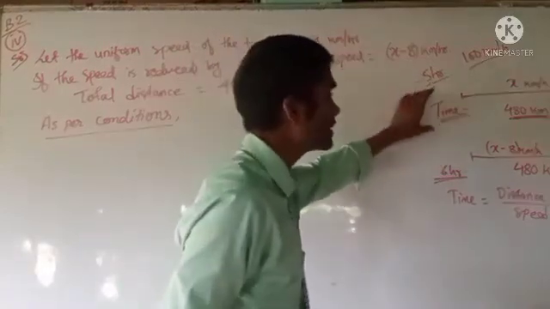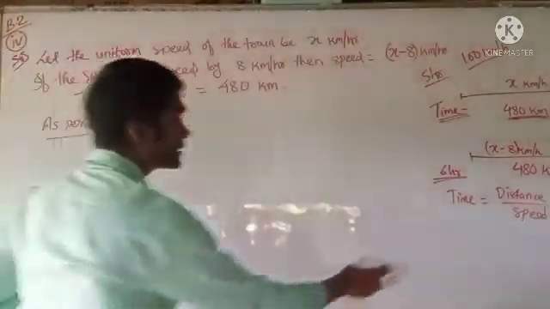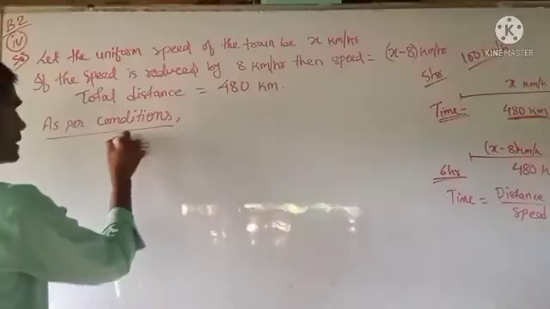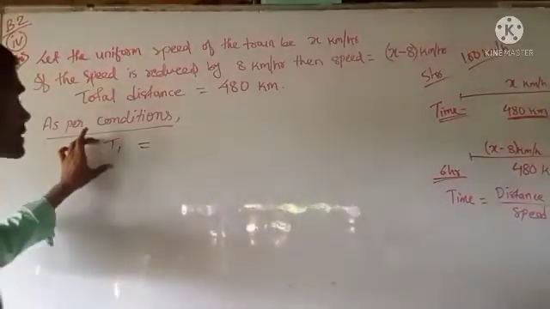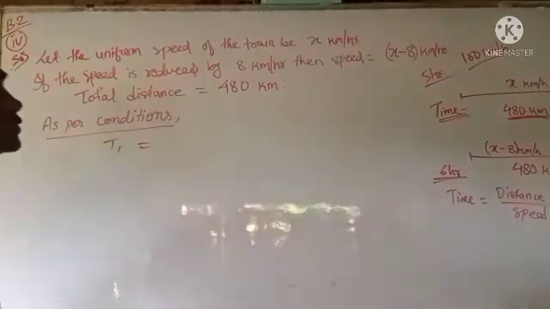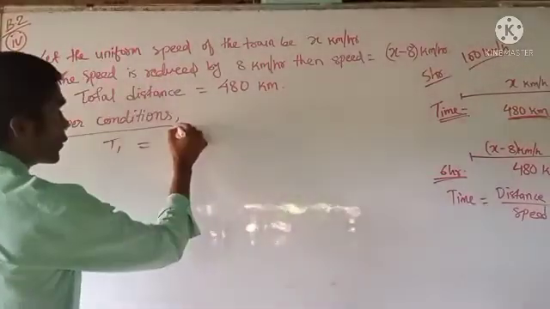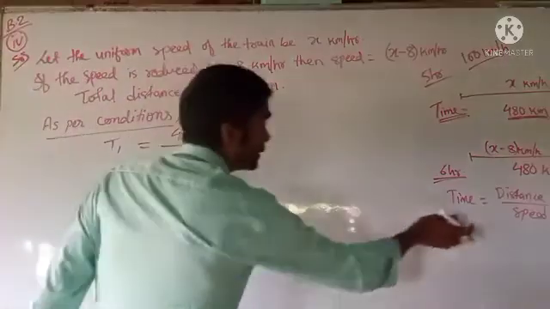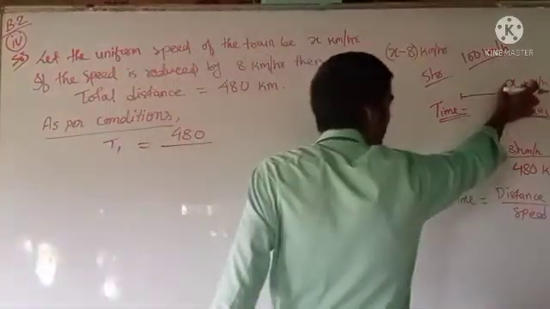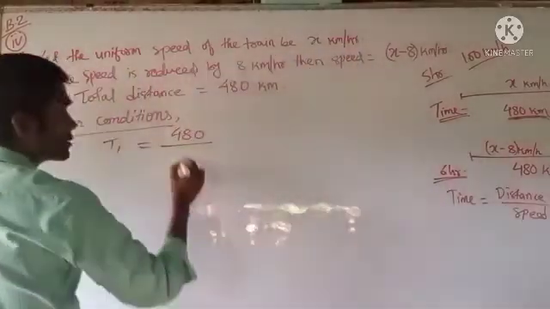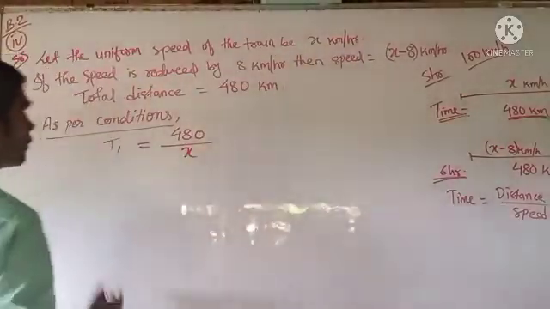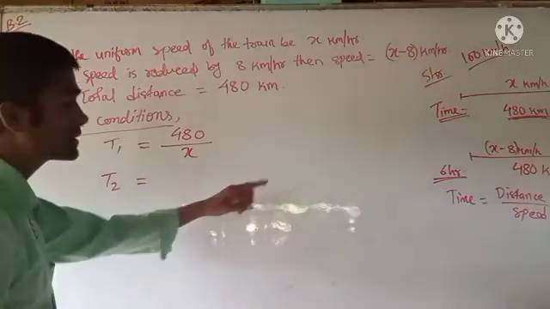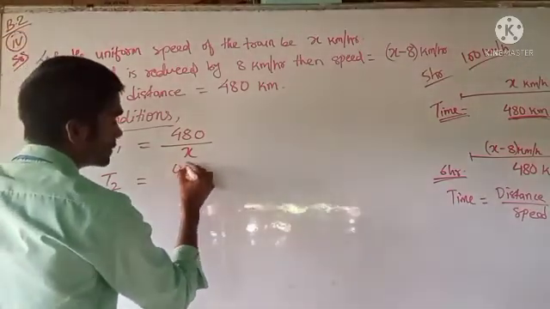For the first condition, if we place the formula time is equal to distance by speed, then let us take T1. For the first condition, T1 is equal to distance covered, which is 480 kilometer, so 480 by speed. When it is traveling at uniform speed, then it is x kilometer per hour. Now for the second condition, the distance covered is the same.